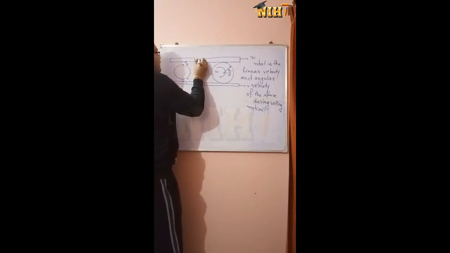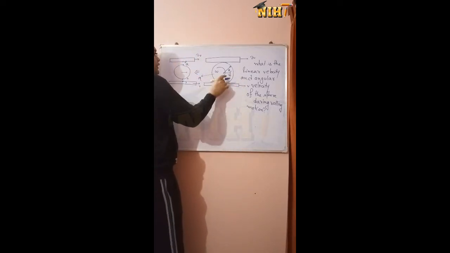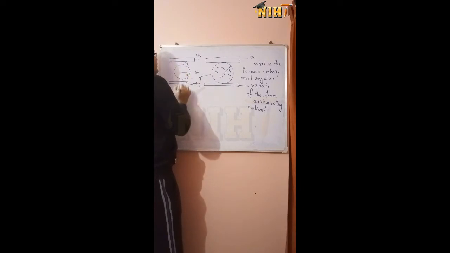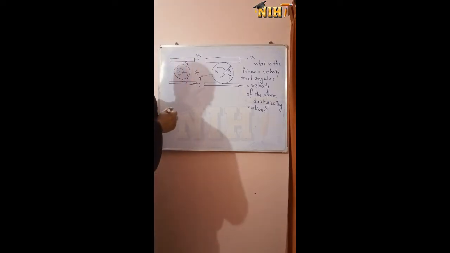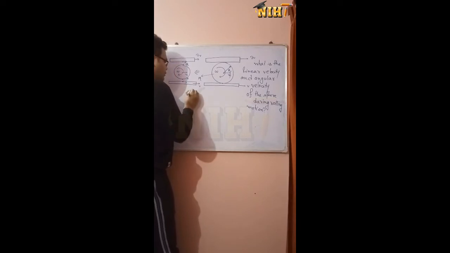This is the velocity 3v, and this is the velocity v, and suppose this is v1, the velocity of the center of mass of this sphere, and that is the angular velocity omega. So what will be the velocity of the point Q?